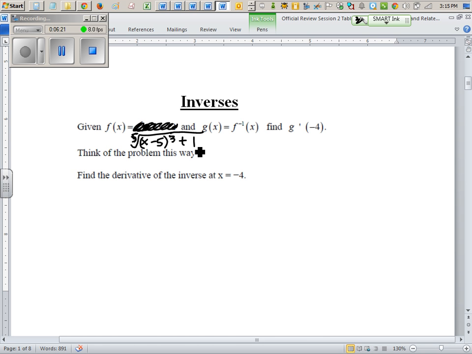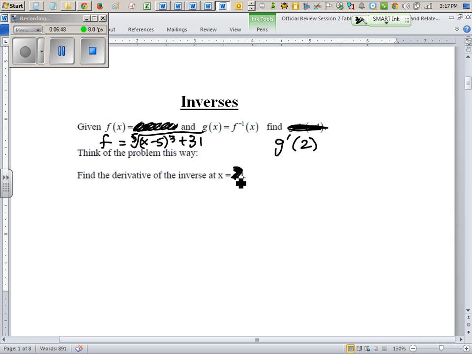And I would like to find, actually hold on, let me start this part again. Yeah. So we're going to solve this problem, and G is the inverse of F, but we're going to find G prime of 2, not G prime of negative 4. Okay, so find the derivative at x equals 2. The derivative of the inverse.